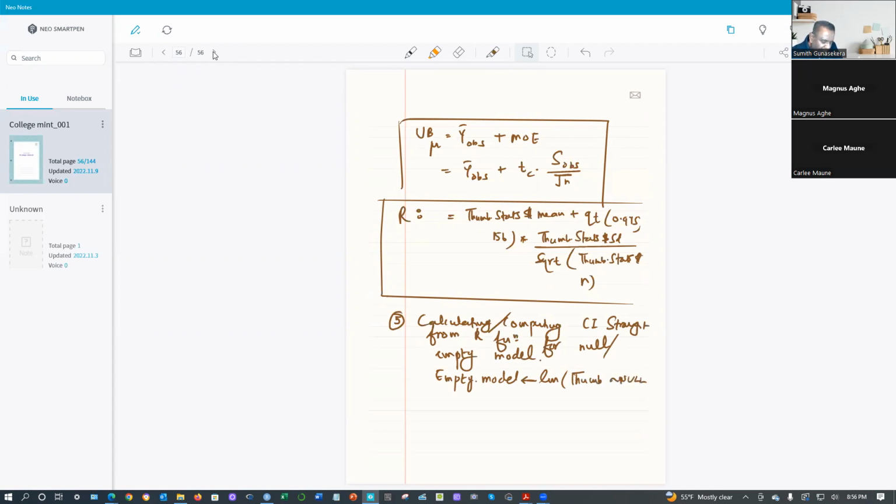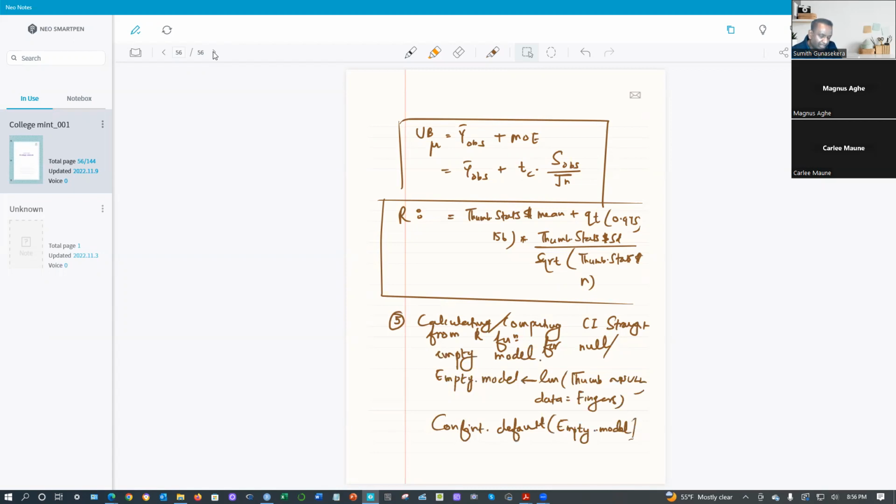Null, comma, data. This is my example, and then you can use this function, confint.default, and put the empty model inside, whatever name you have given.